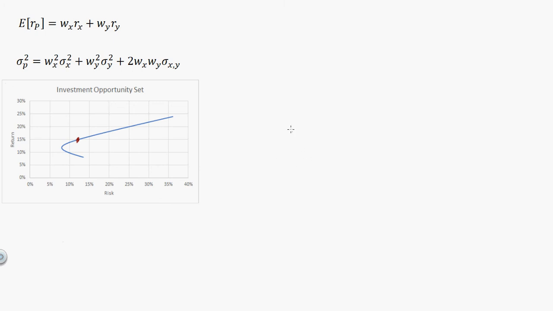Well, the way I do that, I know the return of the portfolio, and this E is expected return, so I'm going to drop the E for expectations. Just put it there to be technically correct, but it's easier to write this and say return of the portfolio, which is my expected return because it's the future, is equal to Wx Rx plus Wy Ry, where Wy is equal to 1 minus Wx.